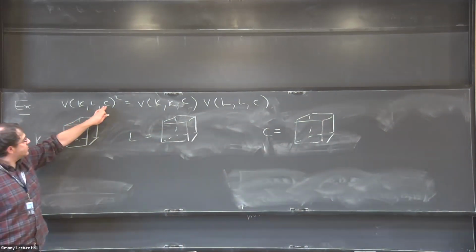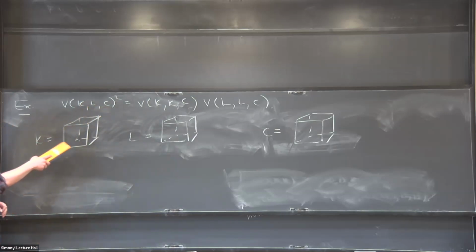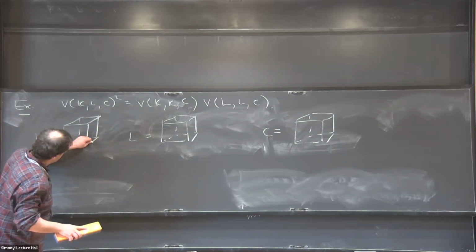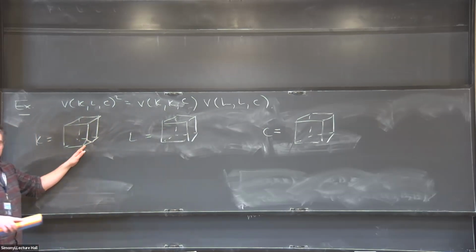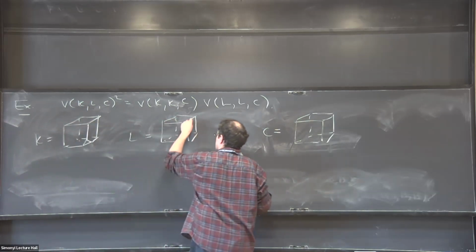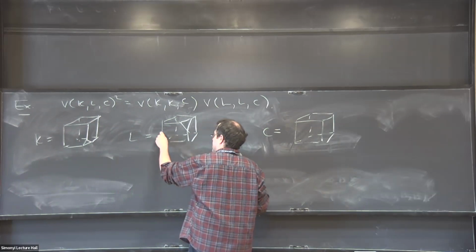Now my claim is that this remains an equality case. Remember, C here is fixed and K and L vary. I claim I can take these bodies K and L and start cutting off their corners and nothing bad will happen. For example, I can take this one and slice off one of its corners, and take this one and slice off some corners. Maybe that one.